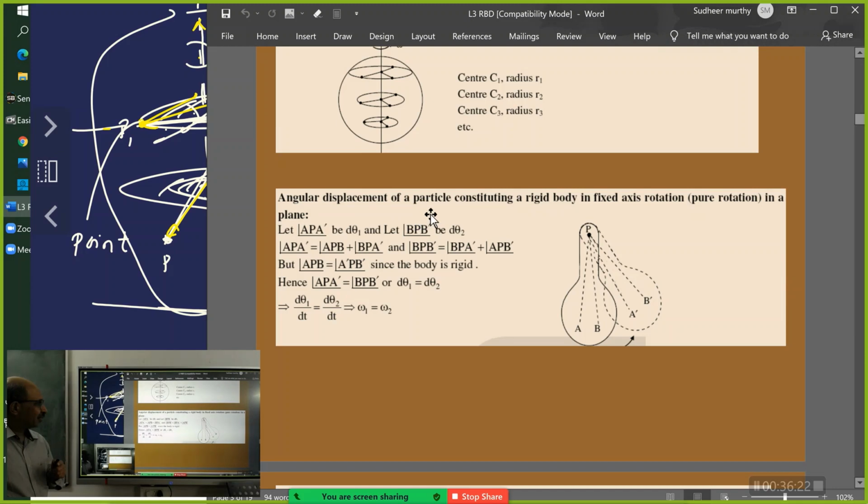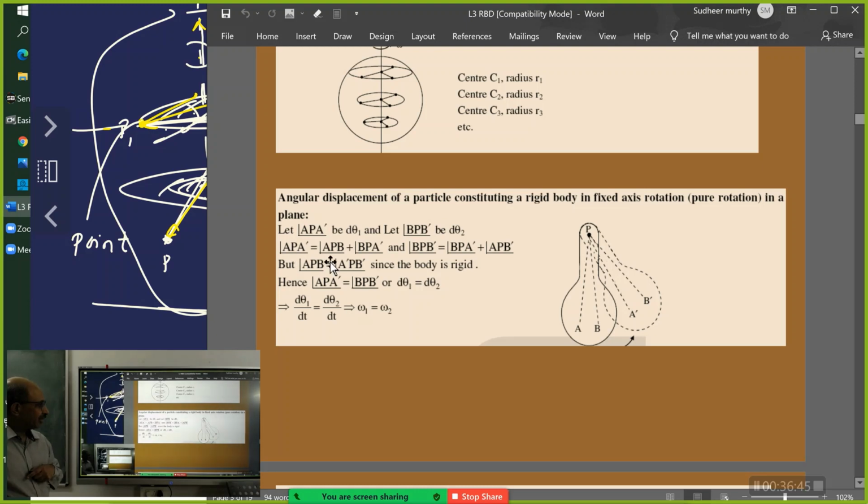Now, angular displacement of a particle constituting a rigid body in fixed axis rotation, pure rotation. So here you see P, A, B. Let angle A P A dash be d theta 1, and let angle B P B dash be d theta 2.